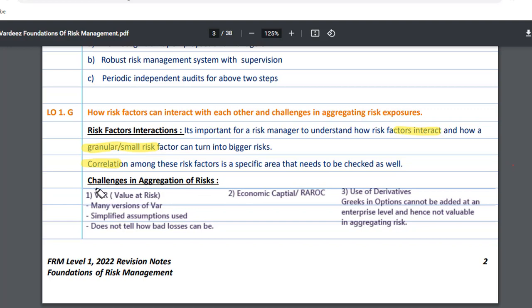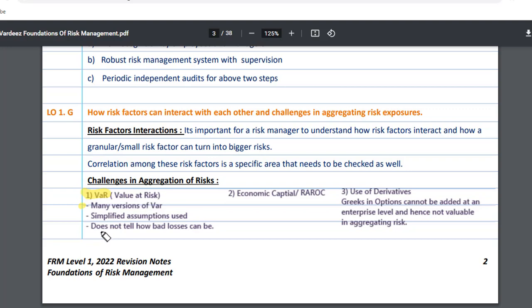Okay, challenges in aggregation of risk. When we are trying to aggregate the risk, if we are able to get one number for the entire organization as a risk, then what are the challenges in that? Let's talk about value at risk. First of all, there are many versions of VAR.